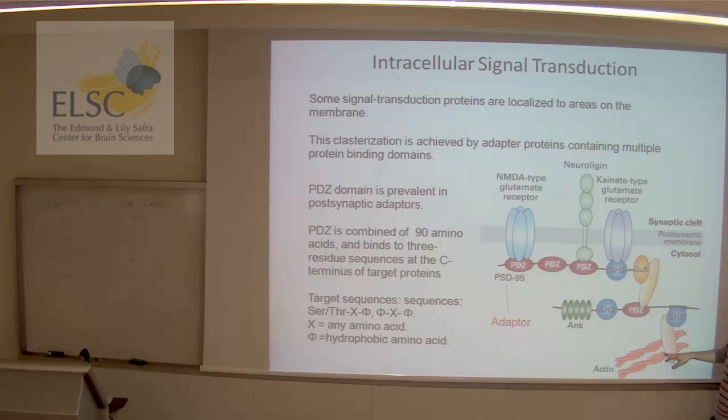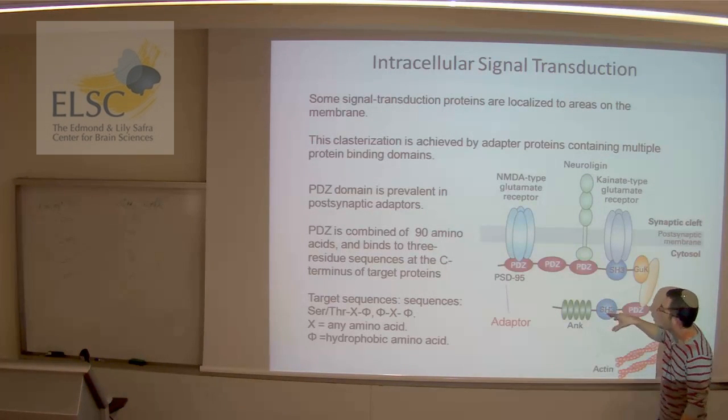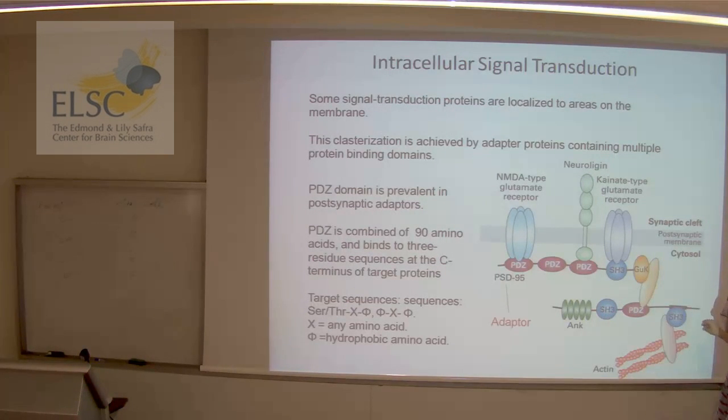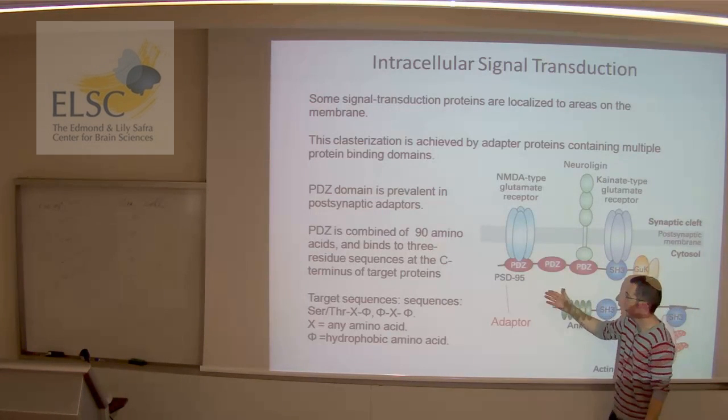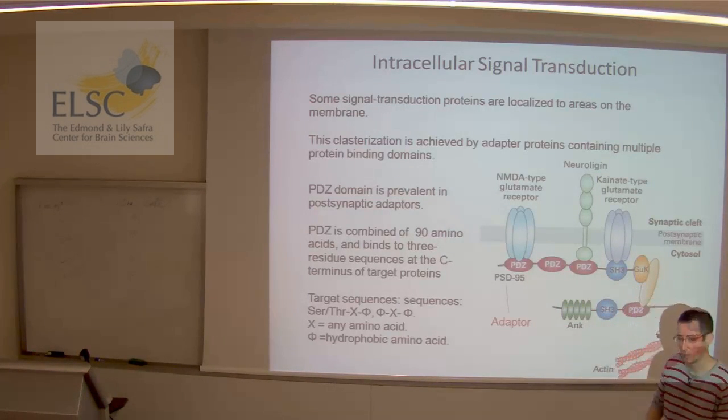So this whole cluster of proteins localizes all the proteins that need to be nearby spatially at the same point in space, due to these adaptor proteins. And the most common one, which we have described, is PSD95 with its PDZ domain.